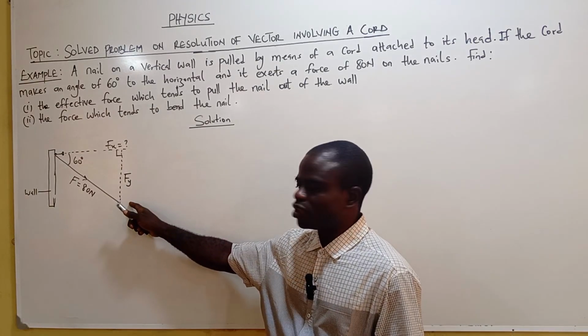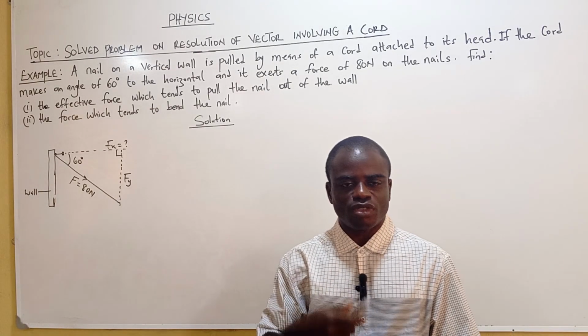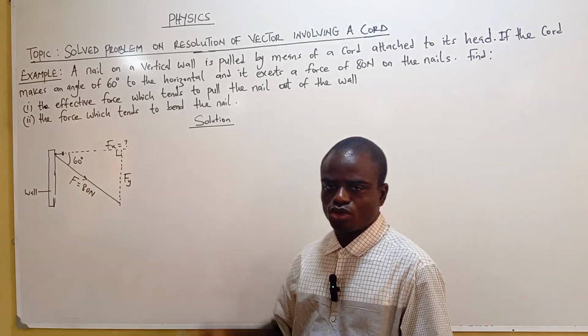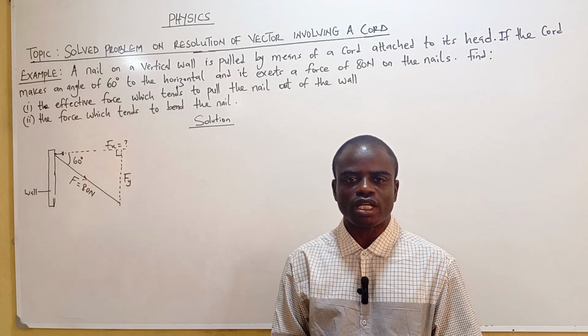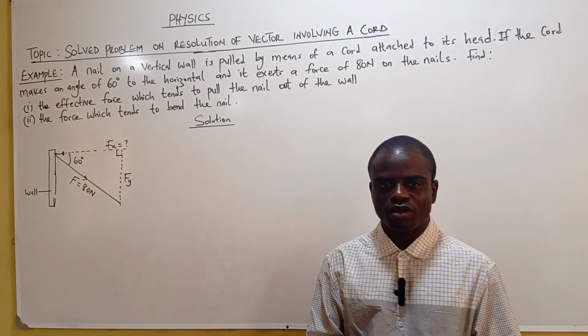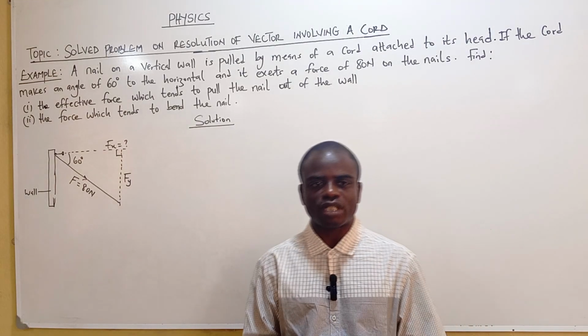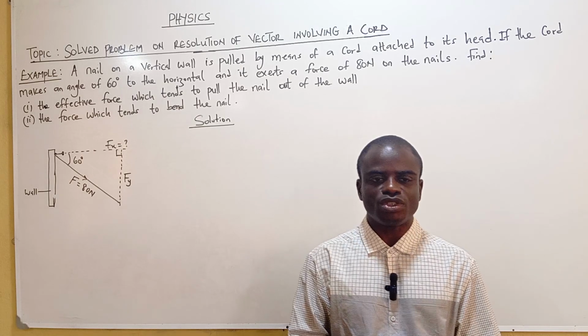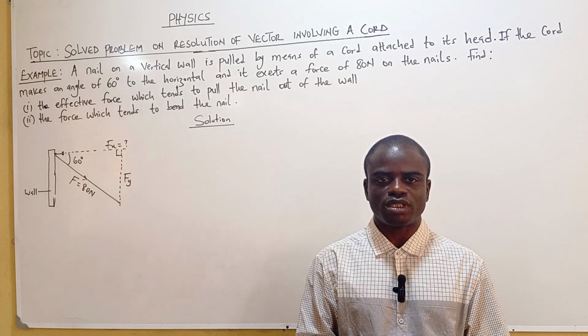When you are dealing with a right angle triangle, you make use of Pythagoras theorem or SOHCAHTOA that involves sine, cosine, and tangent. For a triangle that is not right angled, you make use of the sine rule and cosine rule to get your resultant and the direction. Please take note.